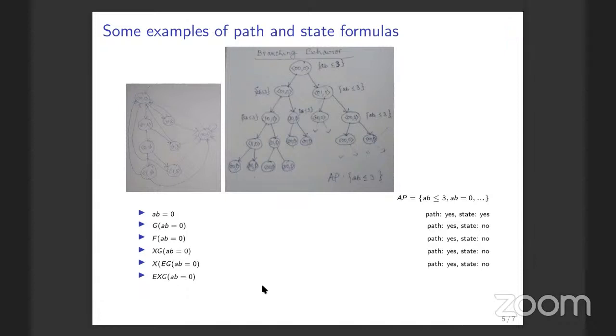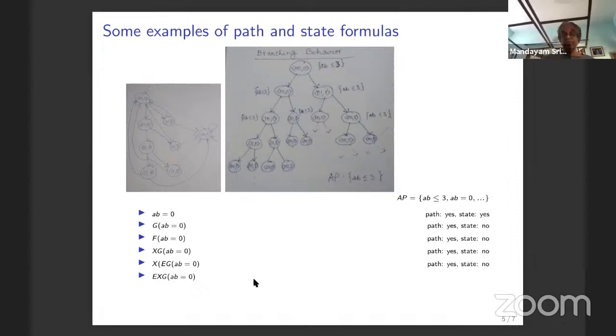This is both a state formula and a path formula. This one is certainly a state formula because you're constructing it using the E operator. Okay. Did you say it is also a path formula? Who was that?